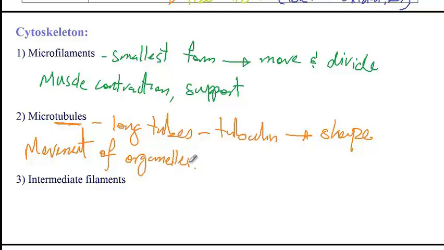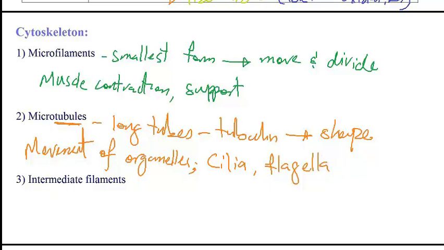These spindle fibers are made of microtubules that attach to the chromosomes and pull them apart. So that's the job of the microtubules, to help move organelles around. In addition, microtubules are found in the structures of cilia and flagella. So they are found in cilia and flagella, the function of which is to help with the movement of cells.